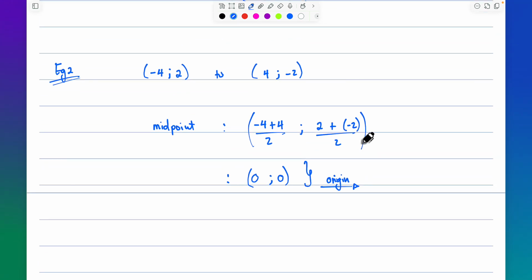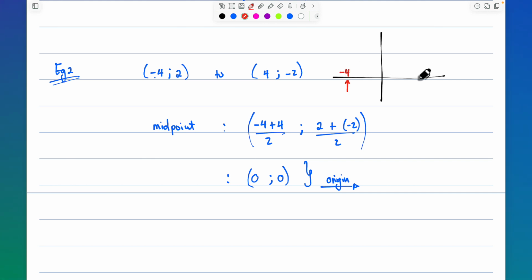So if I get this answer, I can ask myself, does this actually make sense, right? Let's start, because we said the x coordinate of your midpoint is 0. Does that make sense? We're saying, okay, this point went from negative 4 up until positive 4. So if you have a small Cartesian plane, which we can draw over here, you start off at negative 4.